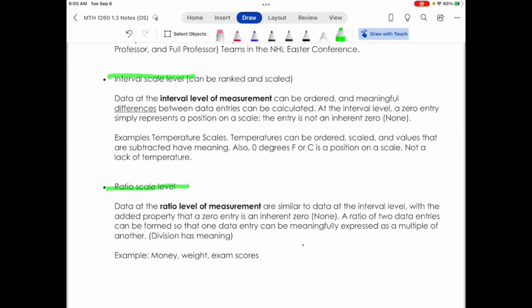That doesn't mean you have no temperature. It's a placeholder on a scale. If you have 0 weight, that means there's no pounds or no ounces. Exam scores, if I say I've got a 0 on an exam, that means I have no points. So that's the big difference between the interval scale and the ratio scale. They both deal with numerical values, but one has an inherent 0 and one does not.